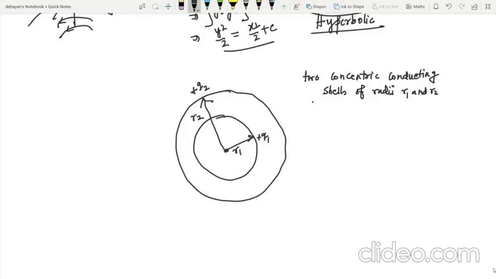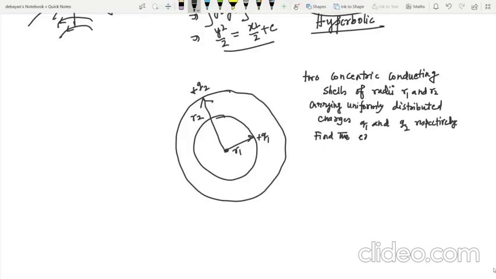So you have to find the expression for the potential of each cell. Now you have to find the potential.